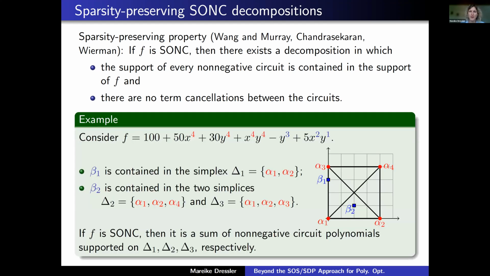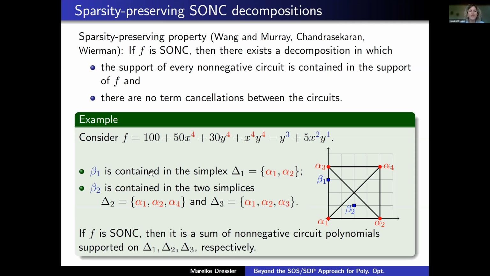To make it more clear, consider this polynomial here. I again plotted the support. The red points are again the vertices, the blue points are the interior points, which correspond to the bad terms, and which then have to be written as interior points of circuits when we write it as a SONC decomposition.